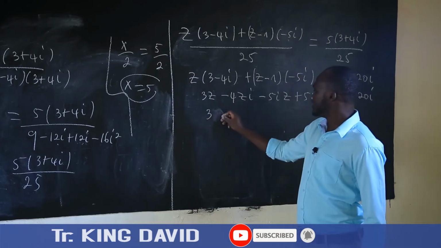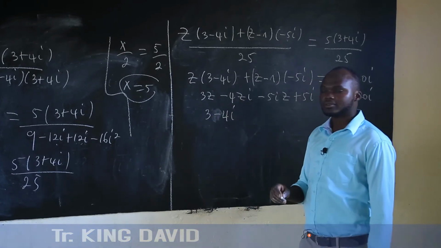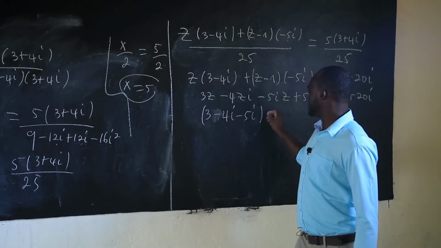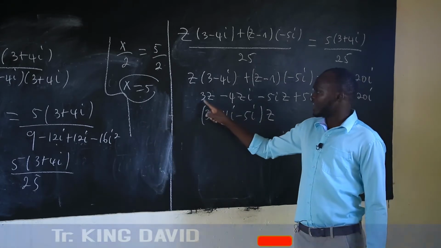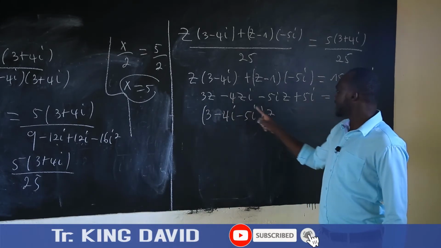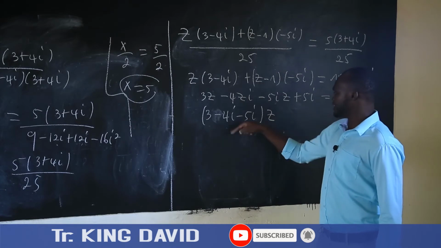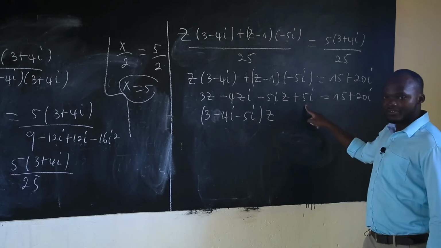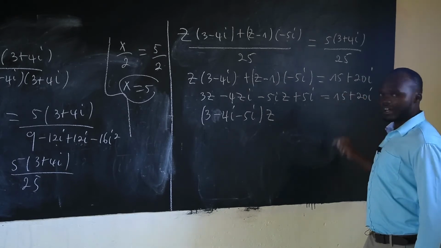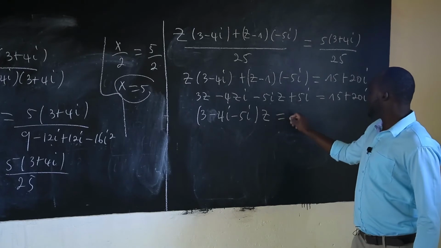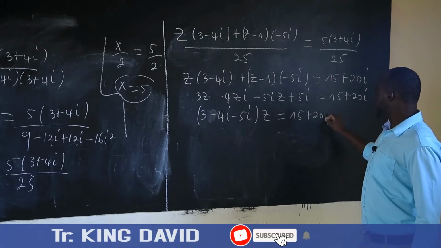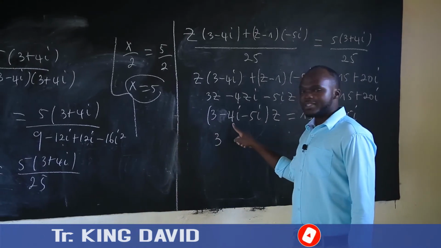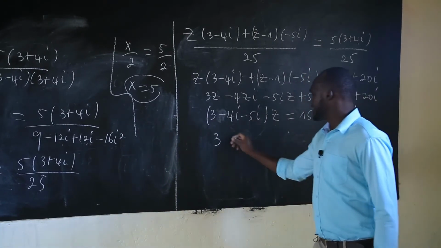This is 3 minus 4i minus 5i times Z. The coefficients of Z are 3, negative 4i, negative 5i, times Z. So let us take this 5i to the right-hand side. It will be 15 plus 20i minus 5i. So this is 3 minus 4i minus 5i, that's negative 9i.